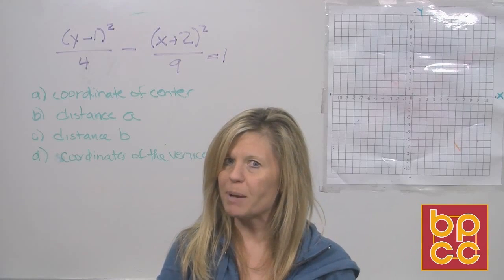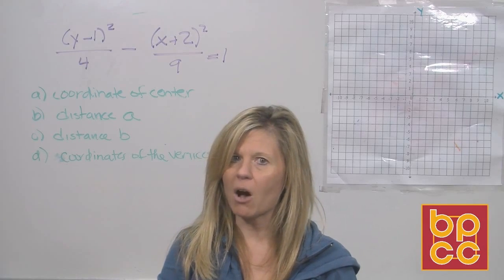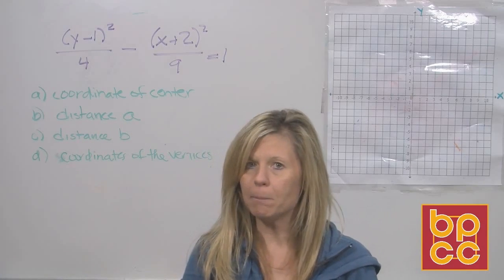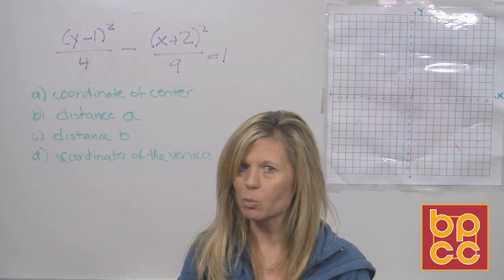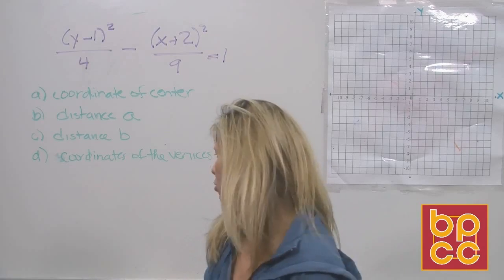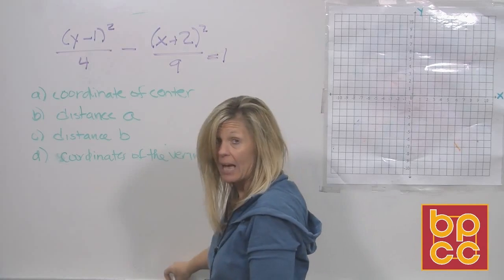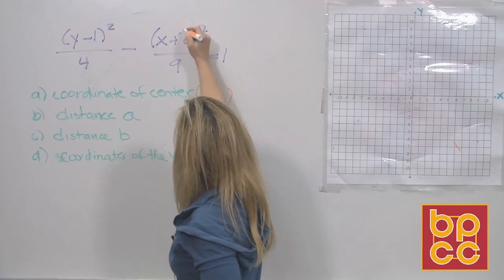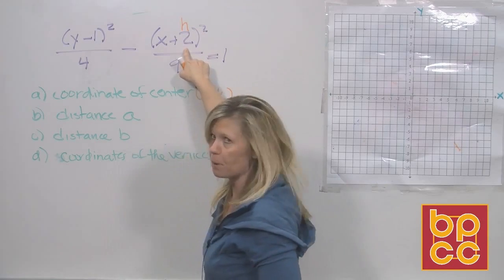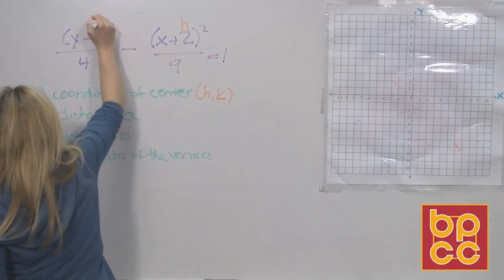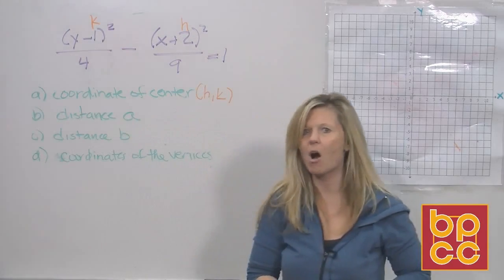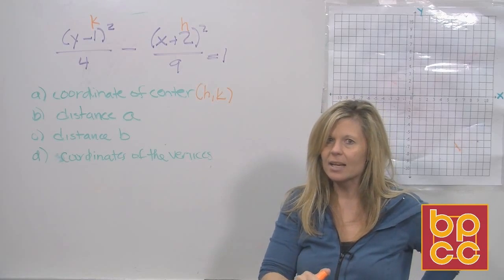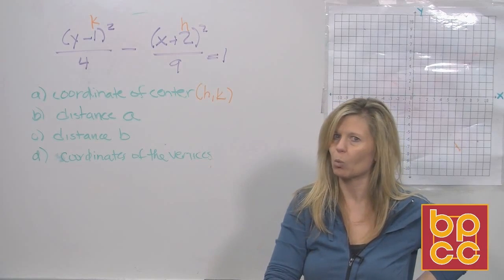It goes in alphabetical order. h is behind x, k is behind y. It matters how you put the numbers when you write the center. The center is always h, k, alphabetical order. So everybody look closely. This is your h, it's behind x. This is your k, it's behind y. h is always with x, k is always with y.